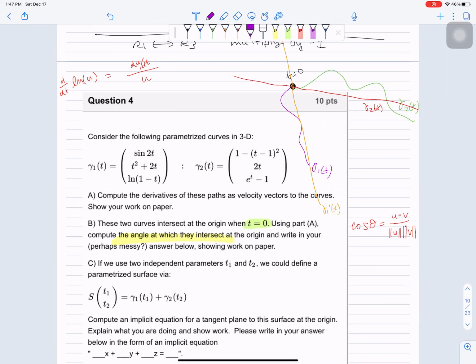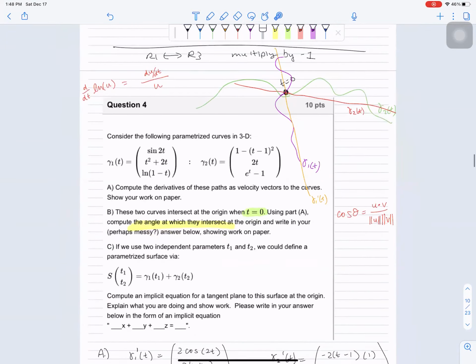So I have some weird purple curve, and I have some weird green curve. All I know is that they intersect at t equals 0. And so using that point t equals 0, I can find the tangent vectors by taking the derivative. And that's my orange vector, my red vector. And now I can use my formula.